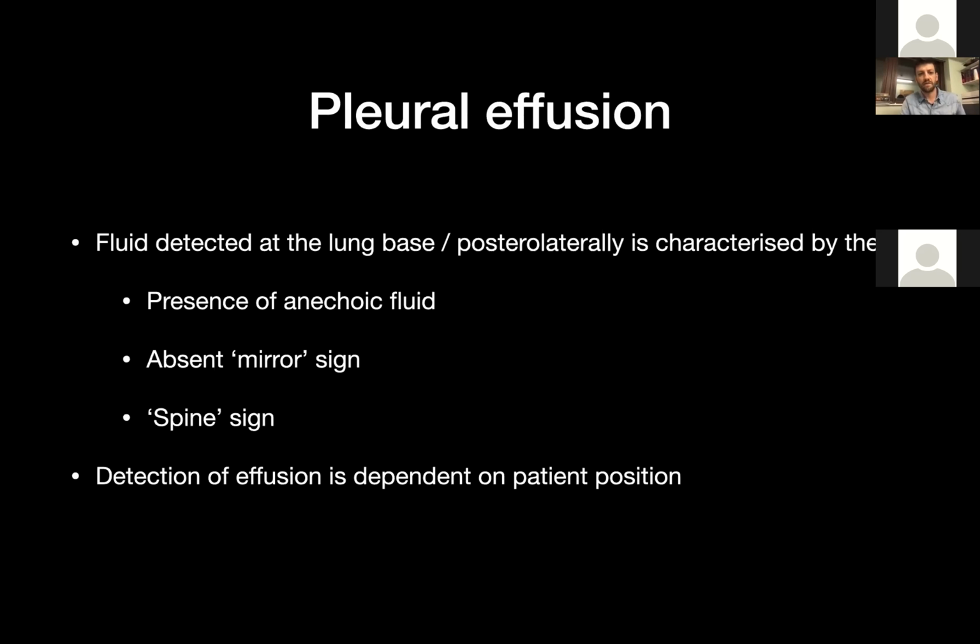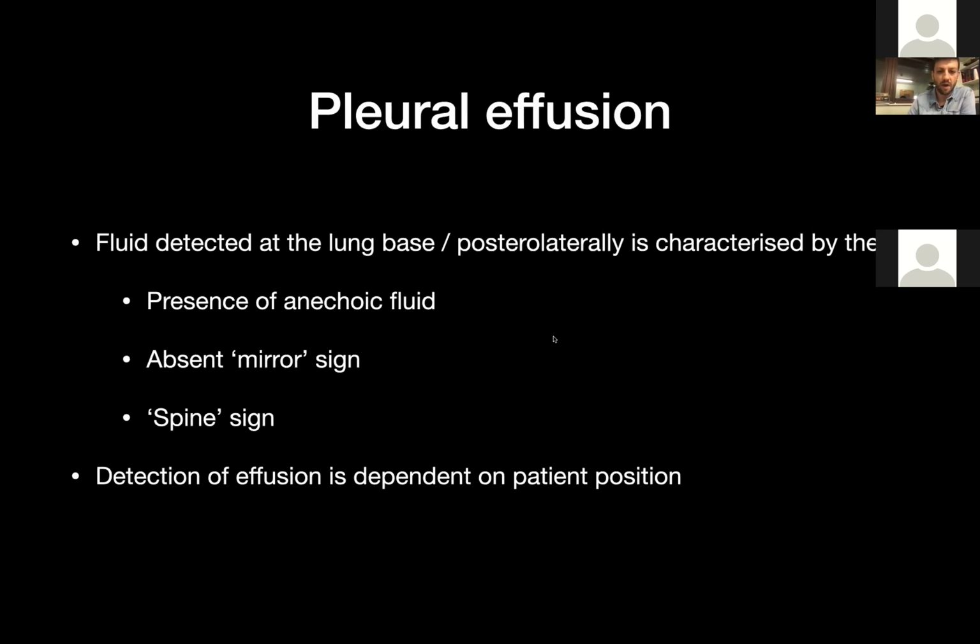Moving on to effusions, this is the thing we're probably most used to looking at. Certainly we look for pneumothorax in our fast scan. So again, for those of you who have done a fair bit of core, this shouldn't be too alien to you at all. And we're looking for anechoic fluid at the lung base. We will not see the mirroring that we normally see.